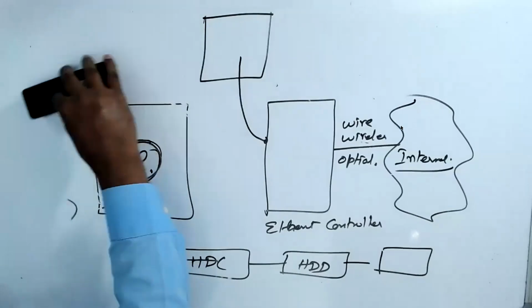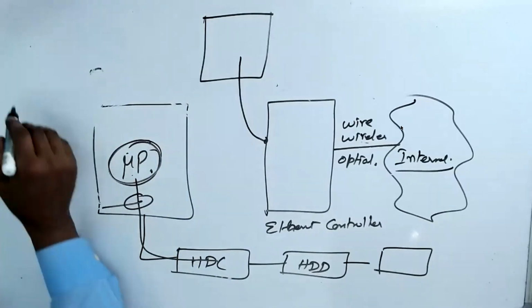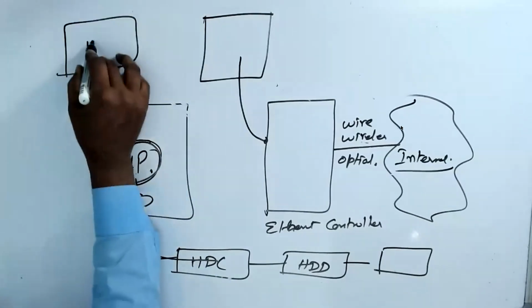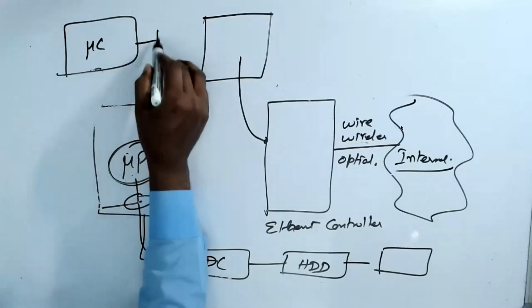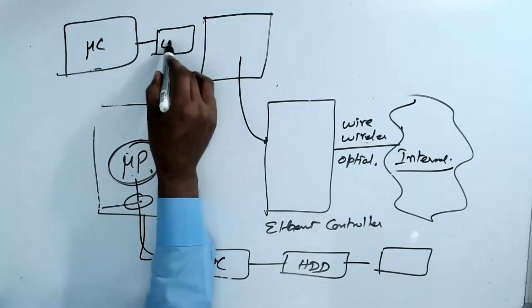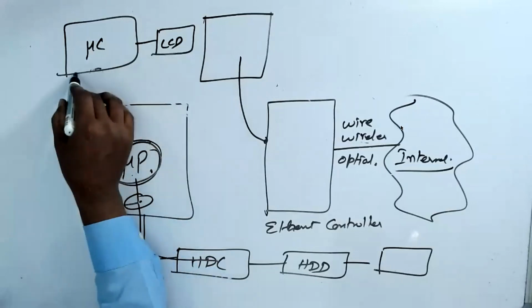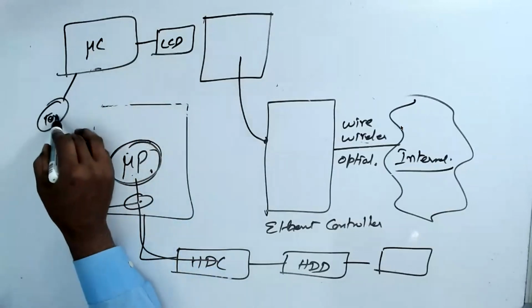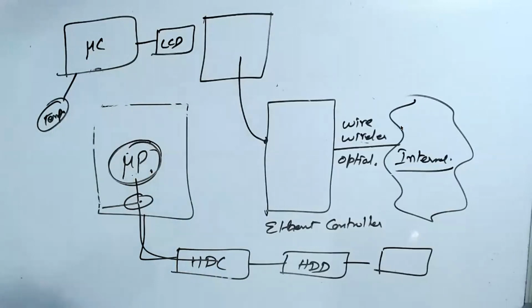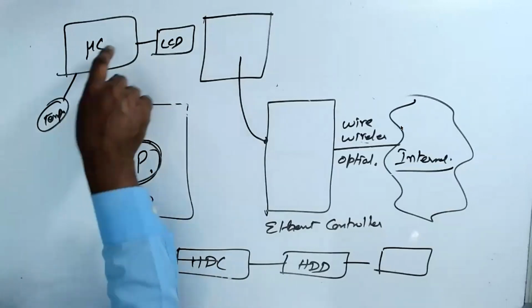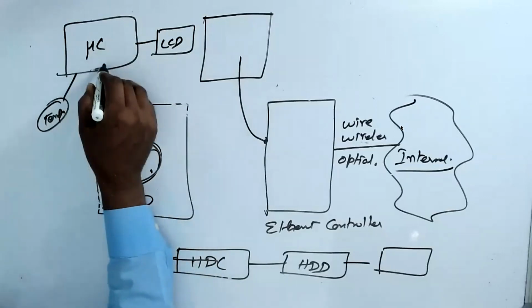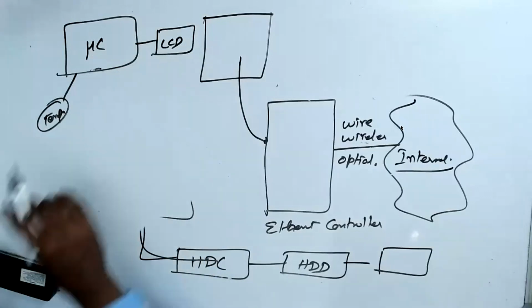See, your normal OS, let's say I have a microcontroller. I have an LCD, and I have a temperature sensor. So what you will do here is, in your microcontroller, you will write the firmware. It's very important, this is not only firmware.